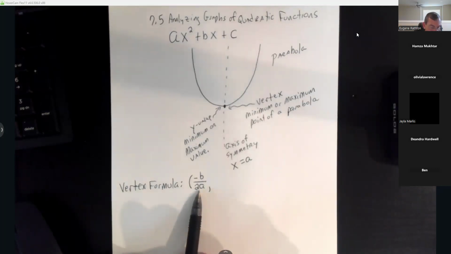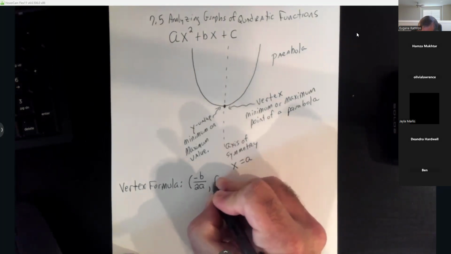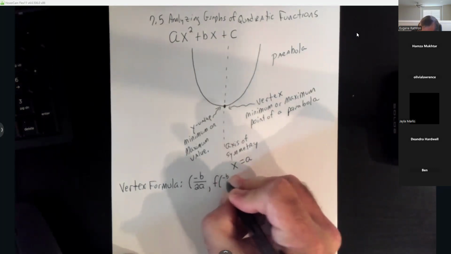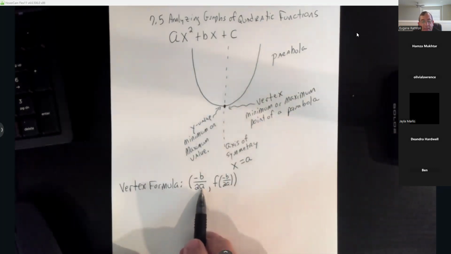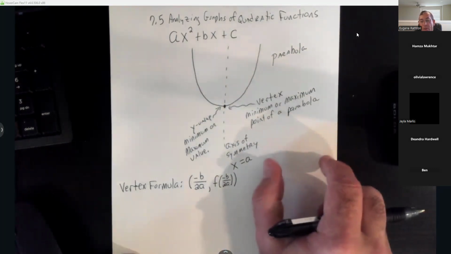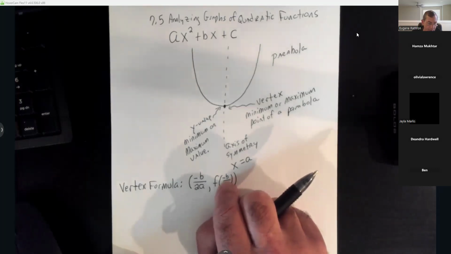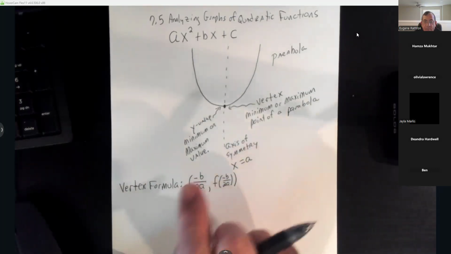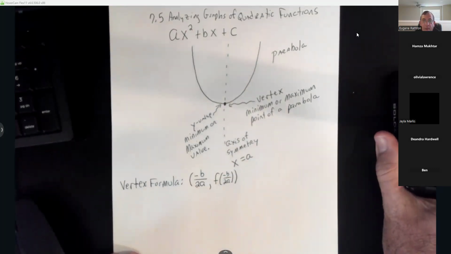So that's how I'm going to get the x coordinate. Then to get the y coordinate of the vertex, I'm going to find f of negative b over 2a. So what this means is you're going to find the x coordinate by using this formula. Then you're going to take this value, put it into the function, and get your y value. Okay? So you find the x, put it into the function, and you get the y value.